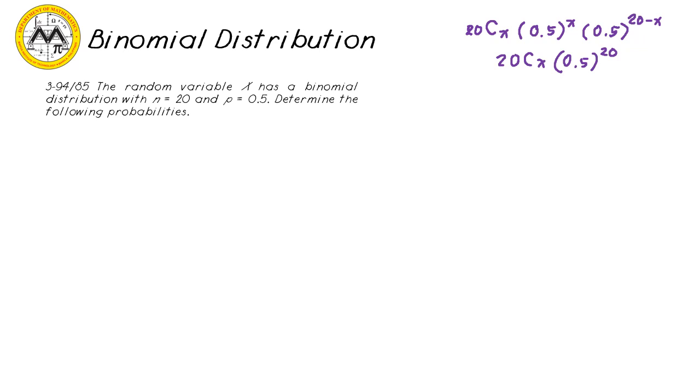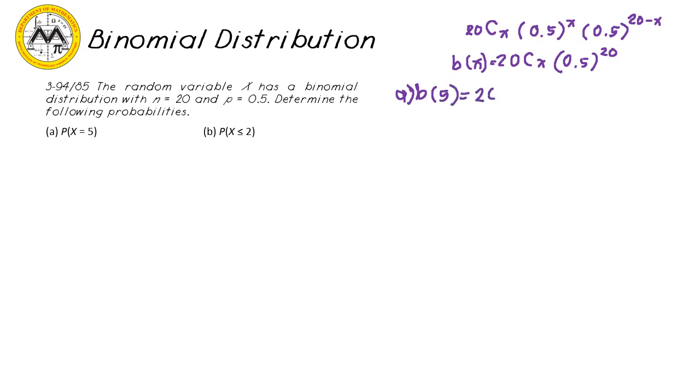Determine the following probabilities. So let's have this one as the binomial of x. So for letter A, the binomial of 5.